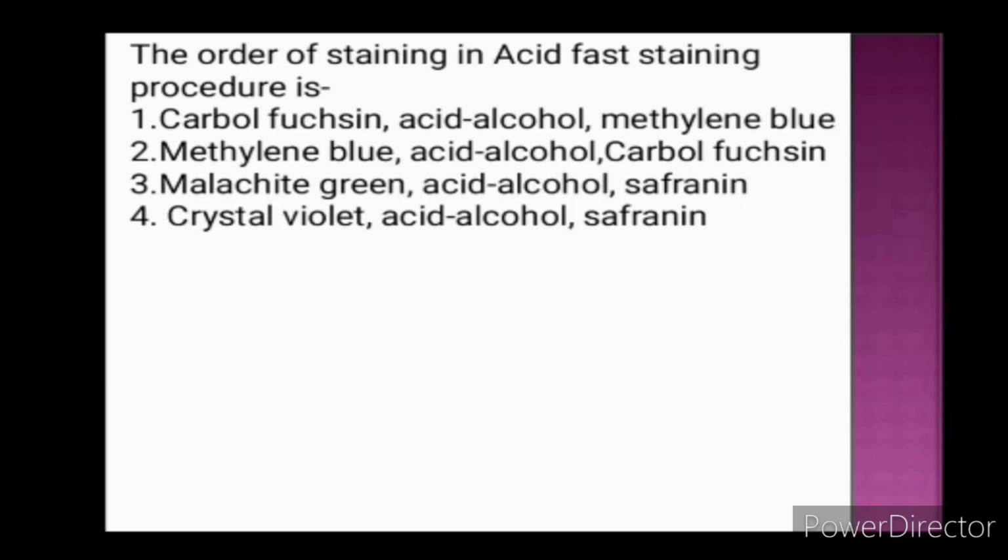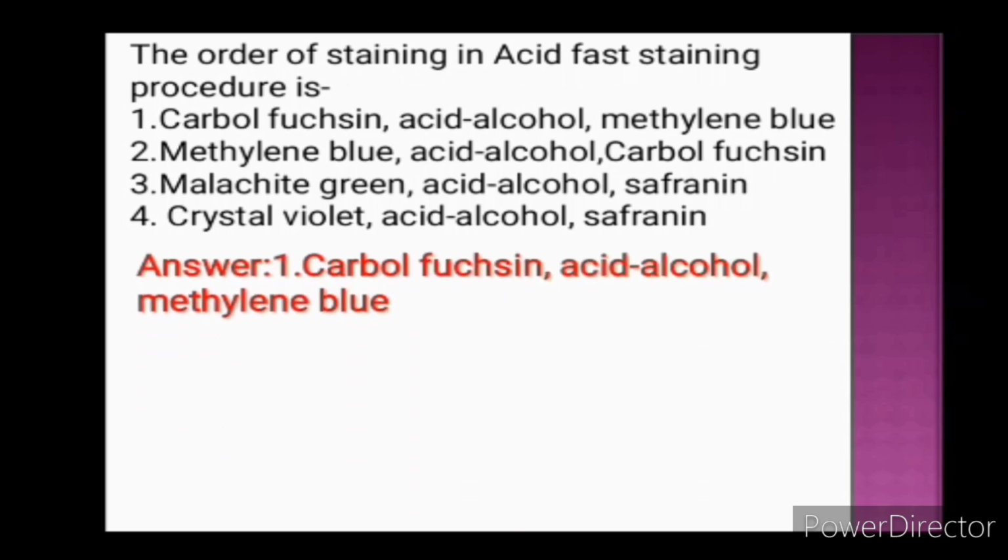Next question. The order of staining in acid-fast staining procedure is option 1, purple fuchsin followed by acid alcohol followed by methylene blue, option 2, methylene blue followed by acid alcohol followed by carbol fuchsin, option 3, malachite green followed by acid alcohol followed by safranin, option 4, crystal violet followed by acid alcohol followed by safranin. And the correct answer is option 1, that is carbol fuchsin followed by acid alcohol followed by methylene blue.